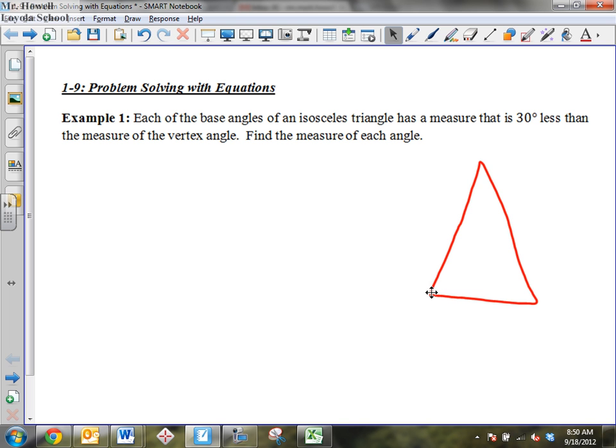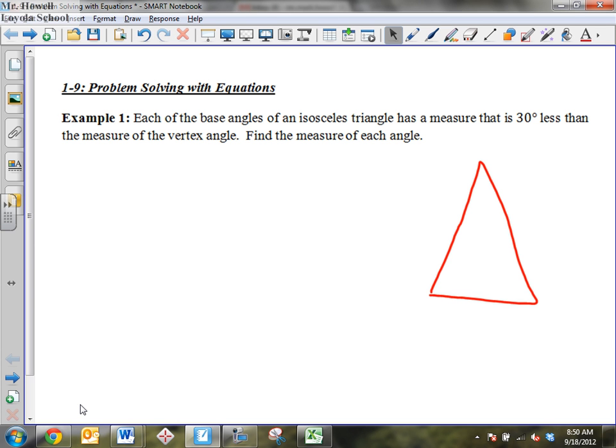You're given relationships. And you're told that the base angles, that's plural, right? So how many are there going to be? Two of them. Because we have 3 angles total. This is considered the vertex angle, and these are your base angles. Now, with that said, we want to think about how we can label this appropriately.